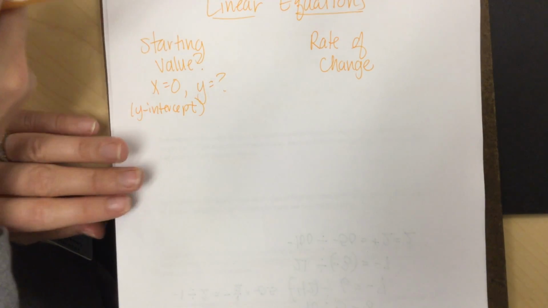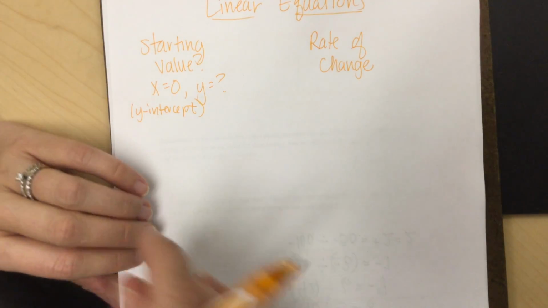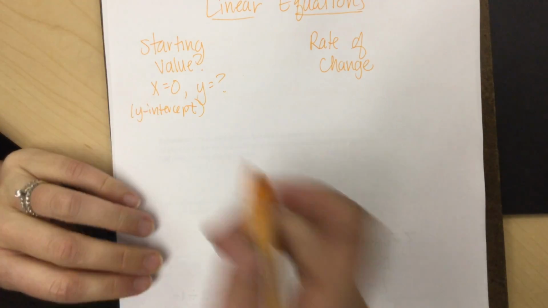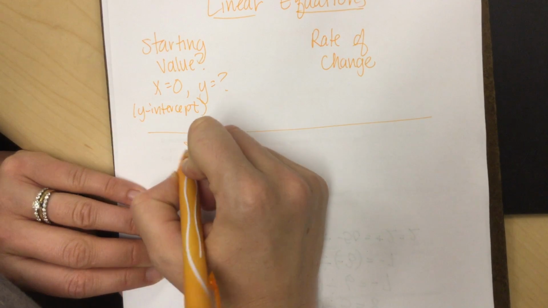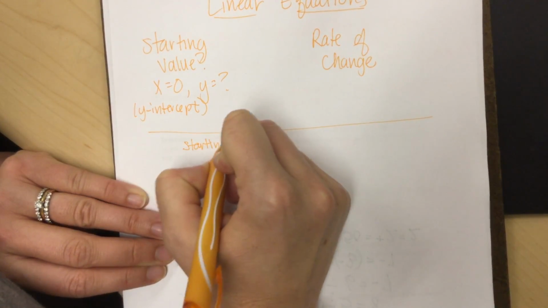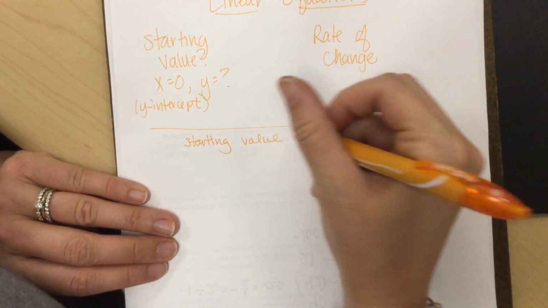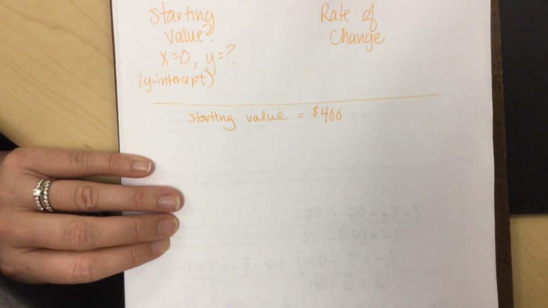So, for example, if you are told a starting value, so there is, let's say, $400 in your bank account to start.